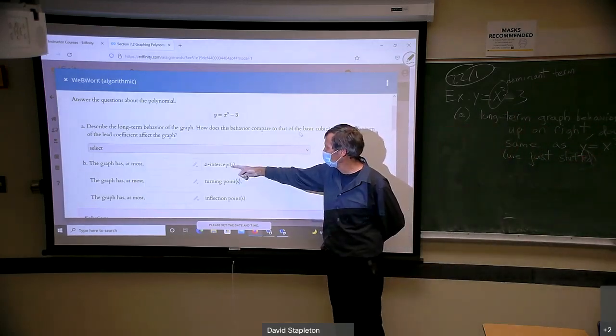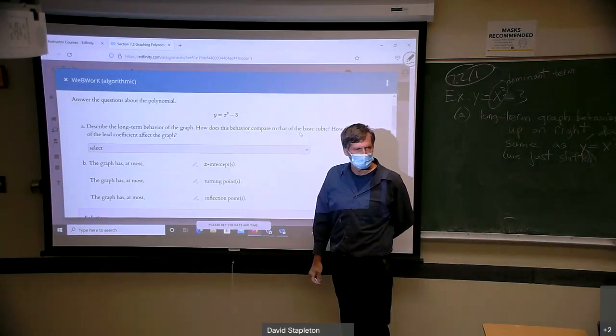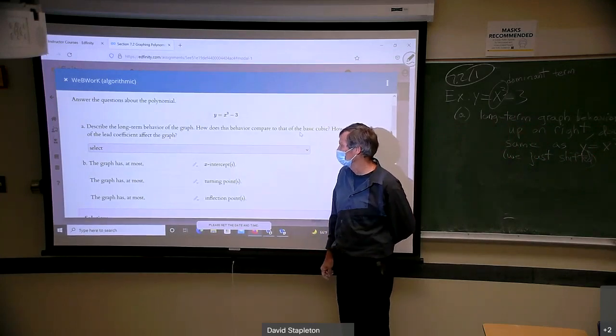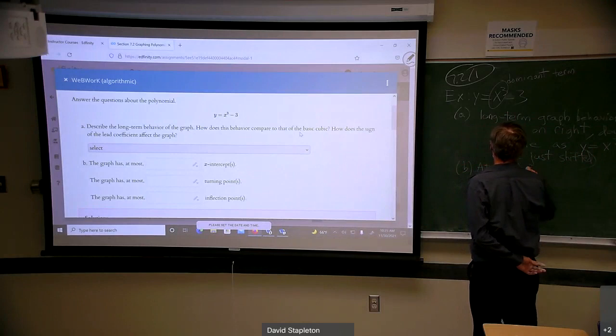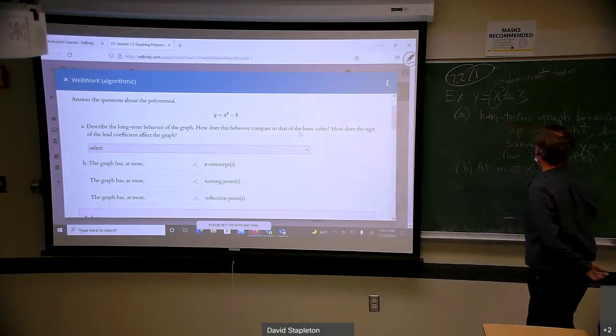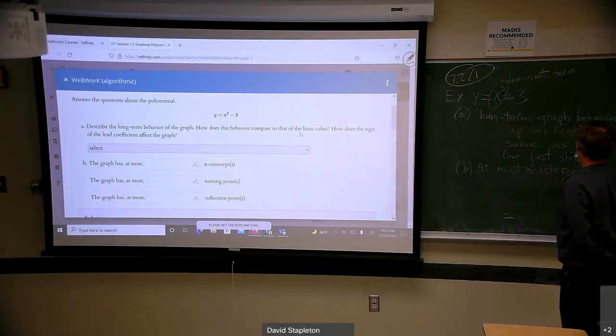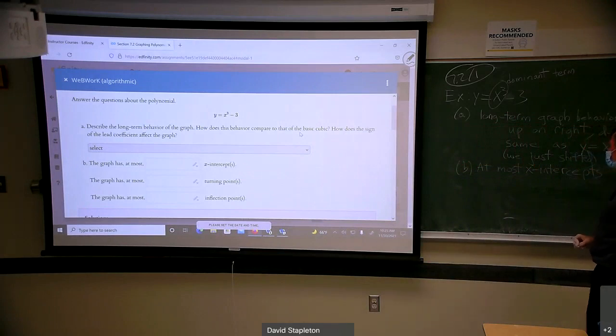The graph has at most how many x-intercepts? This is where I don't like the wording here. At most, how many x-intercepts? This one we haven't talked about yet. How many times can it intersect the x-axis?